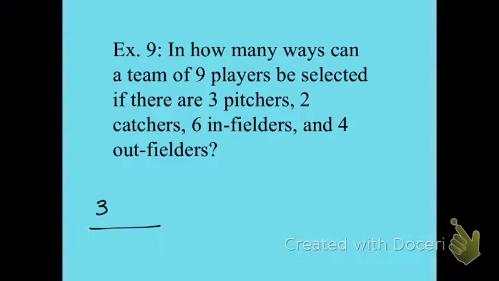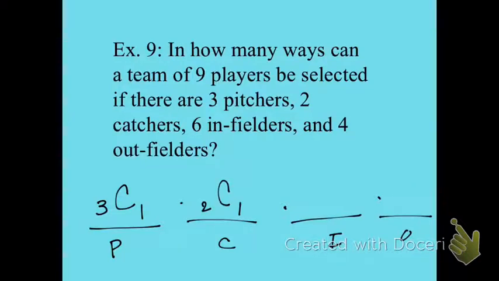I'm going to have pitcher times catcher times infielder times outfielder. So 3 choose 1. Then 2 choose 1. Then 6 choose, how many infielders are there? 4. And then outfielders, I have 4 choices and I'm choosing 3 of them.